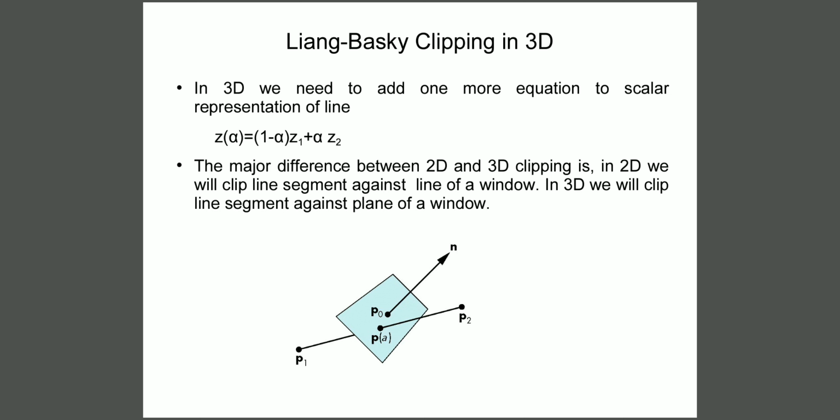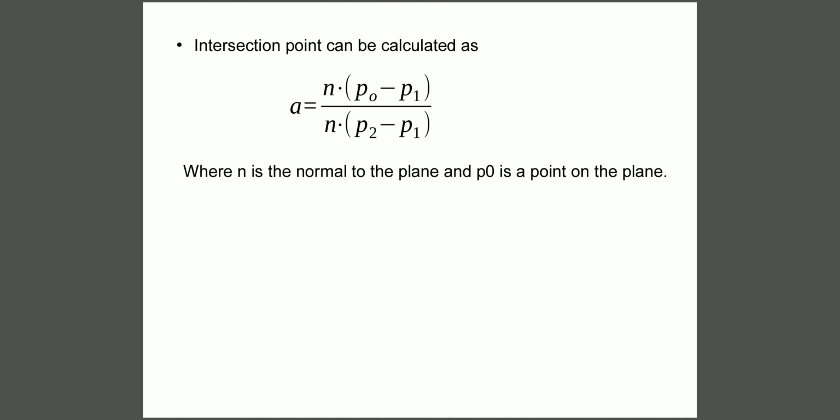By having these values, the formula to calculate the alpha value, or intersection point of a line segment, is alpha equal to n into (P0 minus P1) divided by n into (P2 minus P1), where n is the normal to the plane, P0 is the random point on the plane, and P1 and P2 are the vertices, or end points, of the line segment.